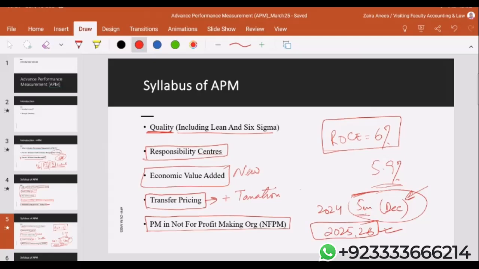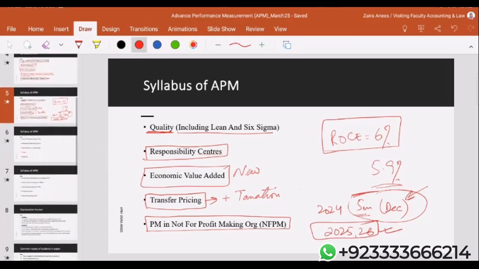And in APM paper, the depth of not-for-profit making organizations is quite high. You can see a 25 marks complete question for not-for-profit making organizations. And it's quite frequent in APM paper. So that's a quite important topic.